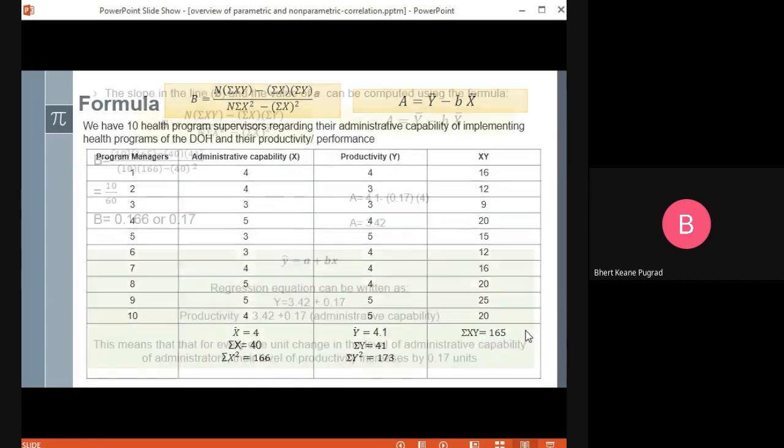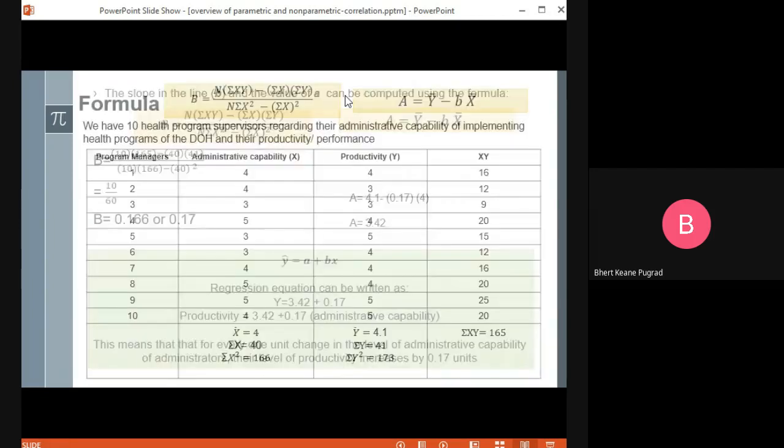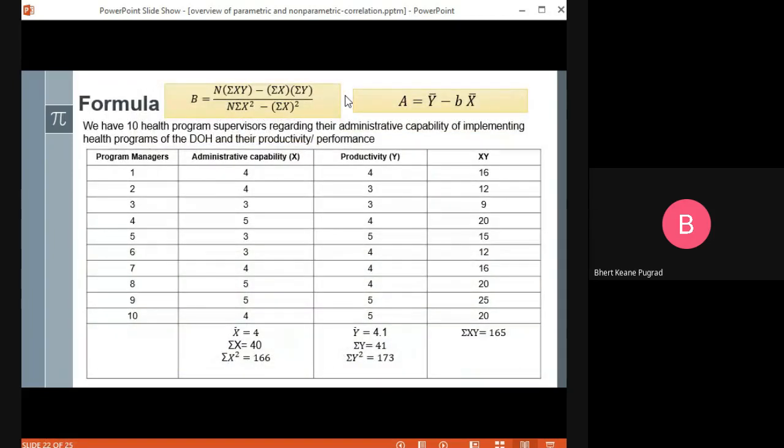Since we have already the given set of values, you just substitute the needed values in the given formula. I have also created a separate instructional video for computing your linear regression.